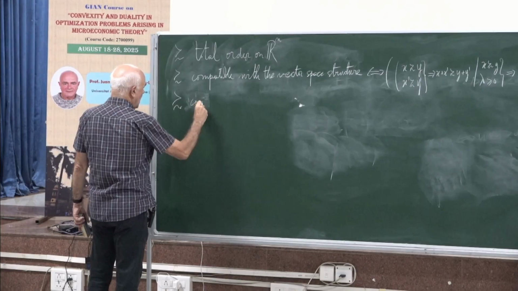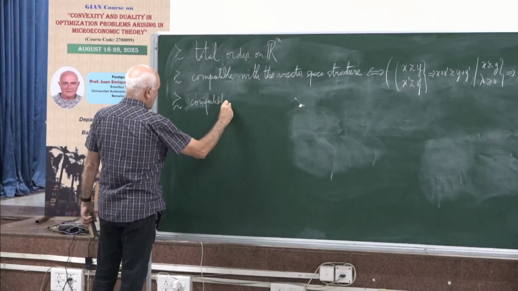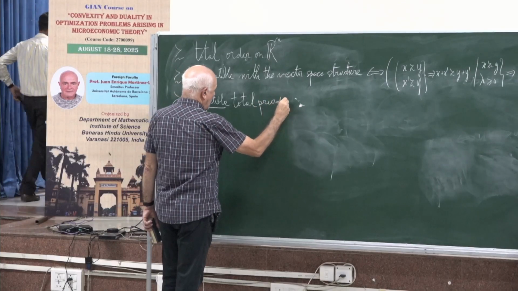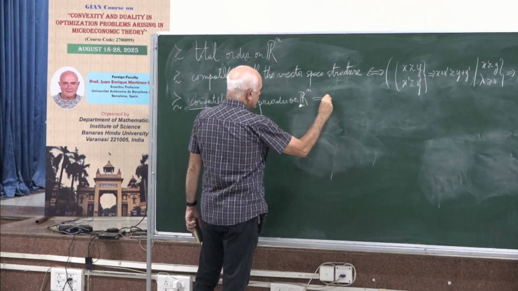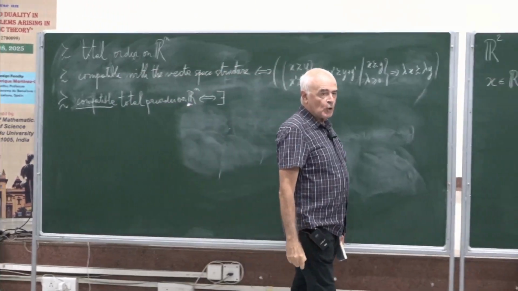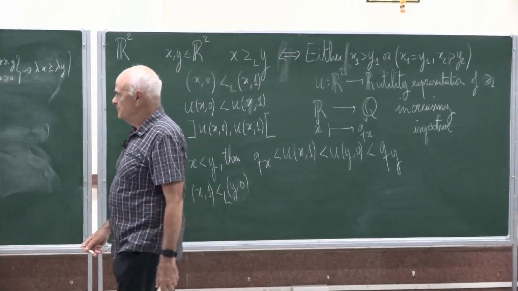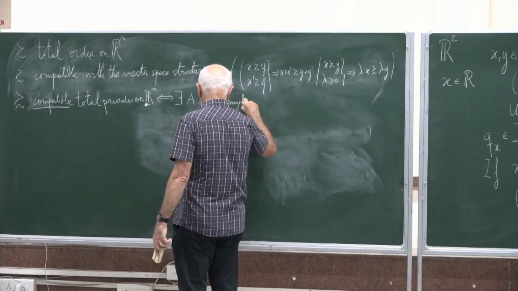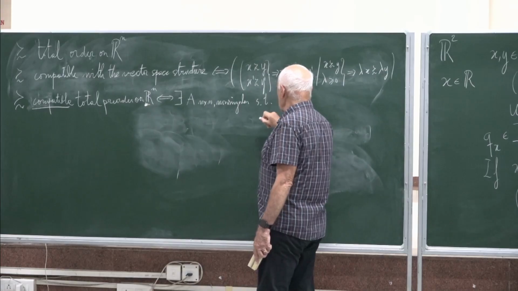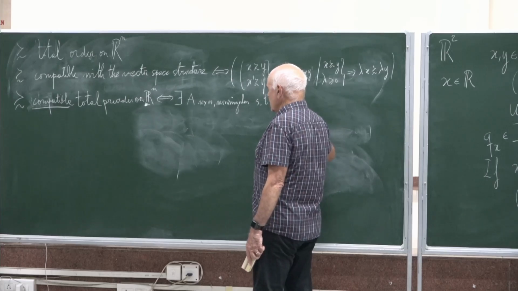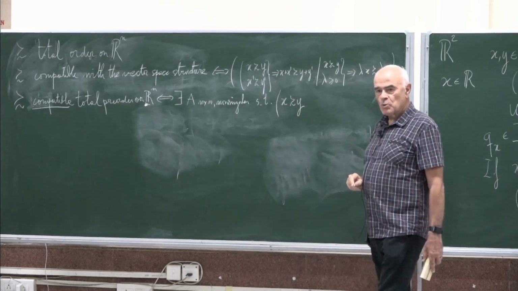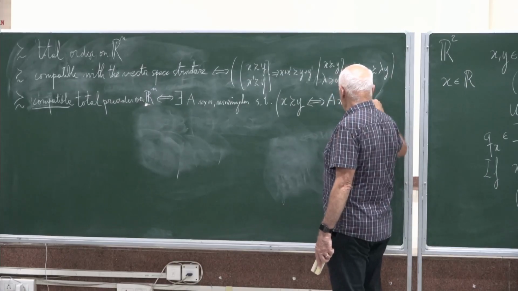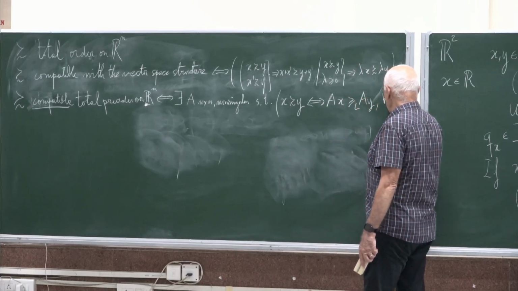Then this is a compatible total preorder if and only if there exists a non-singular square matrix A of order n such that x preferred to y if and only if Ax is greater than or equal to Ay for every x, y in the space.